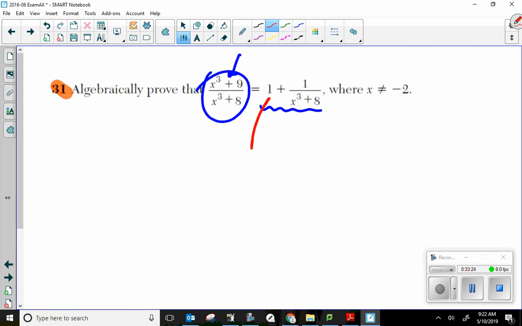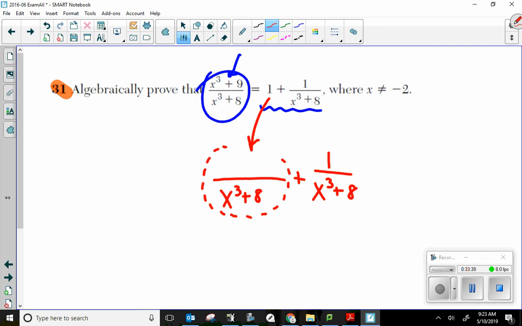I want to change the number 1 so that it's a fraction with x cubed plus 8 on the bottom because I'm going to add 1 over x cubed plus 8. All right. How do I make this equal to 1? Any fraction is equal to 1 as long as the numerator and denominator are the same.